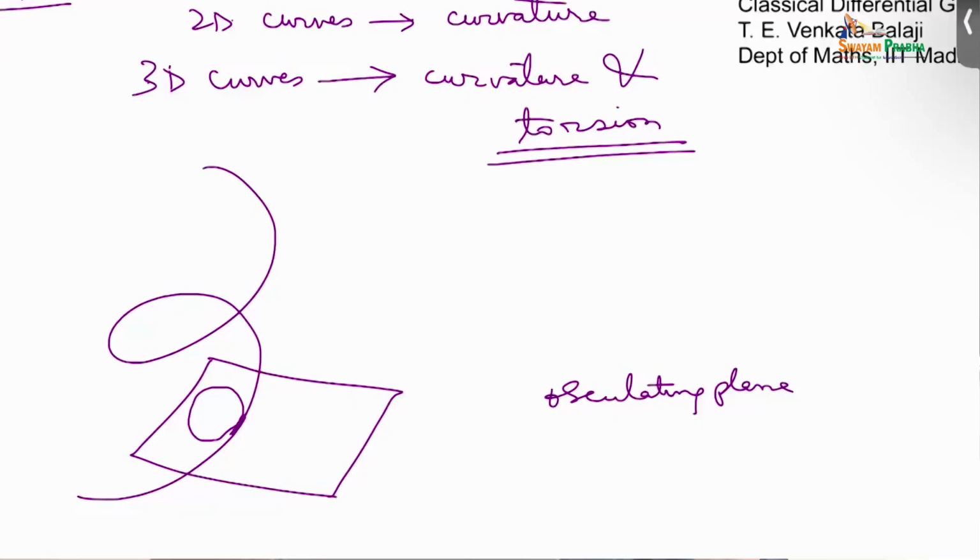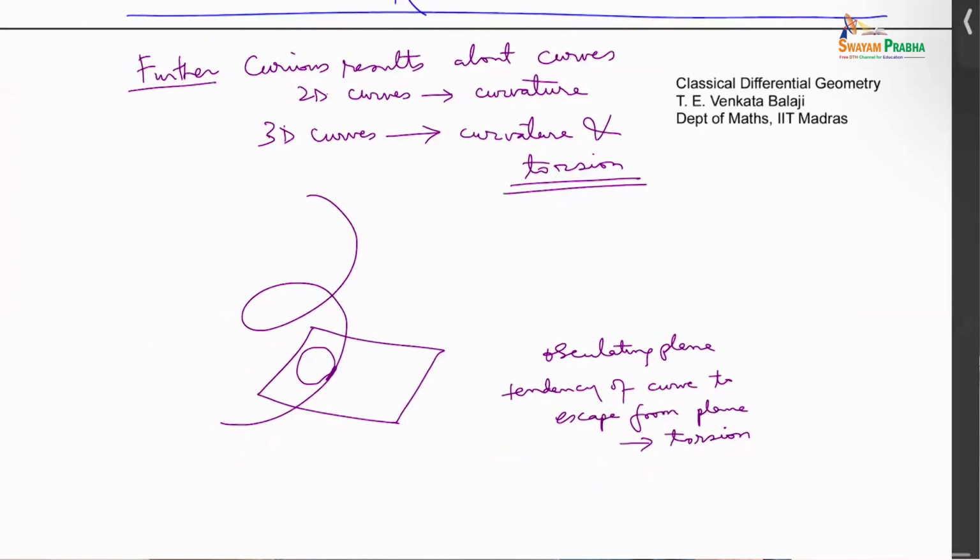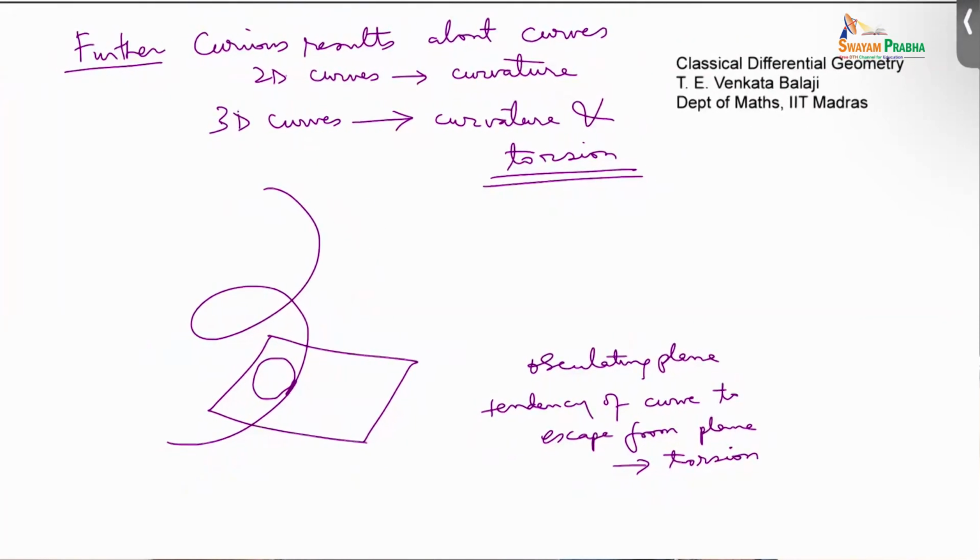So I will just say the tendency of the curve to escape from the plane is the torsion. And the most important thing is that if you take three-dimensional curves and two-dimensional curves, the two-dimensional curves have only curvature, three-dimensional curves have both curvature and torsion.